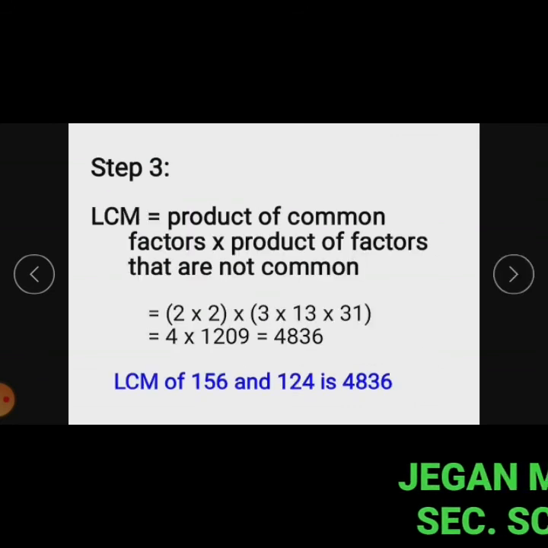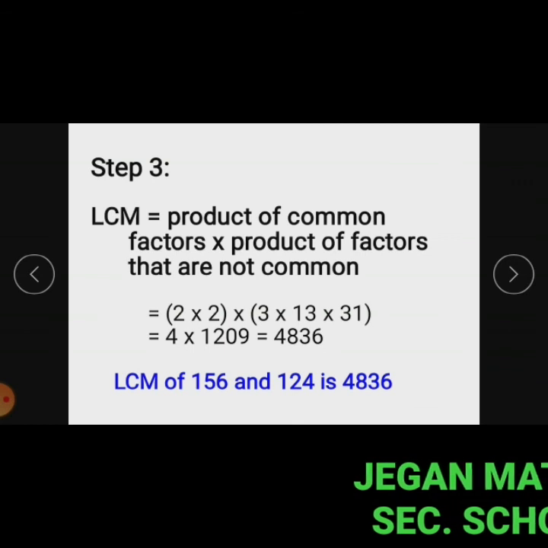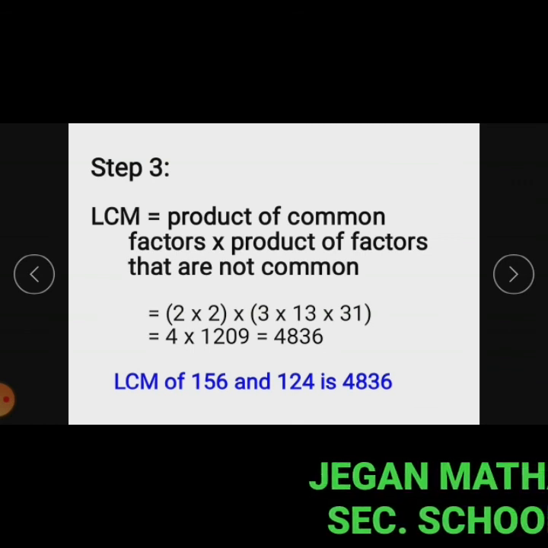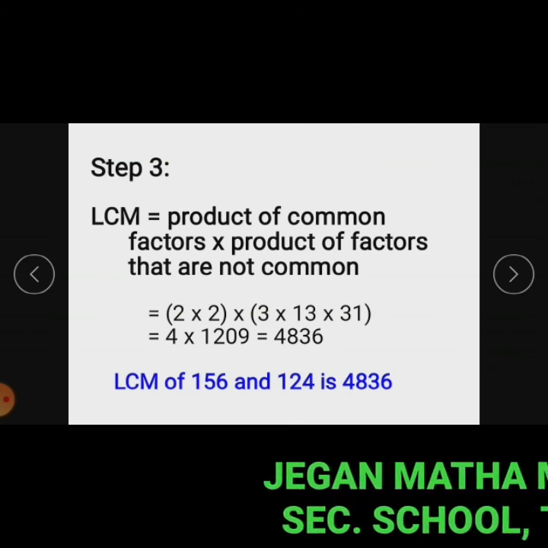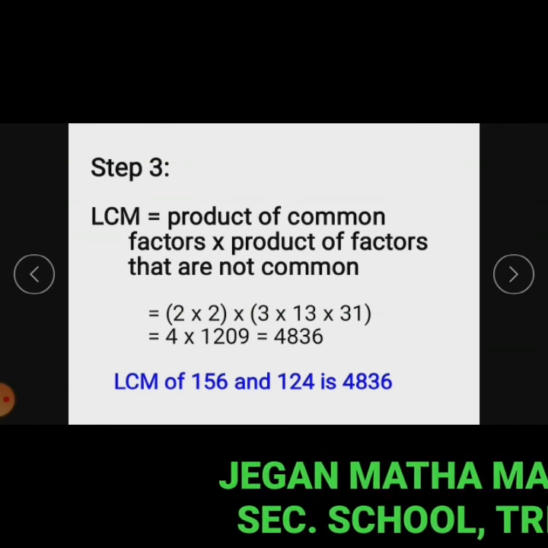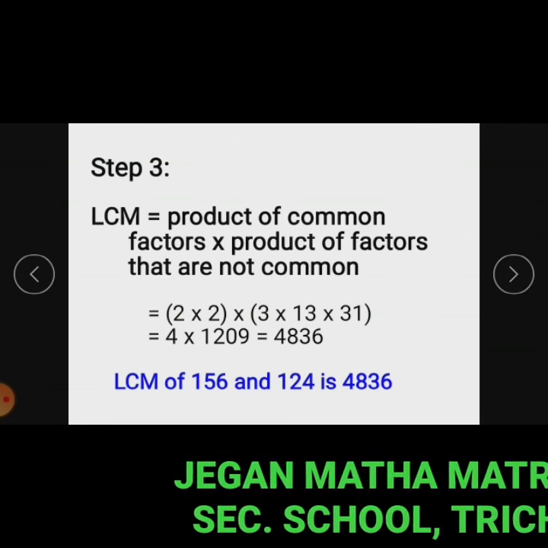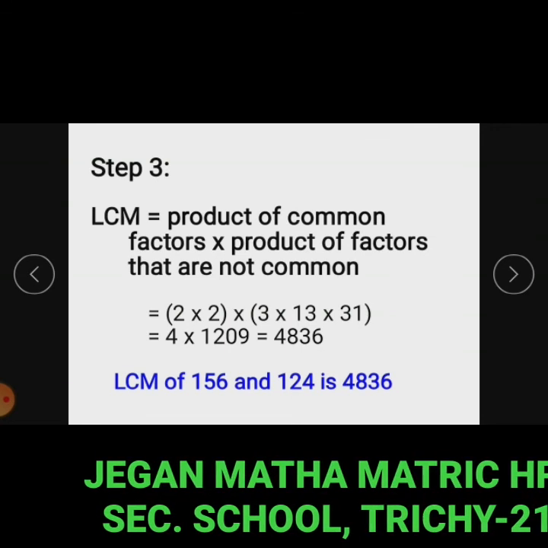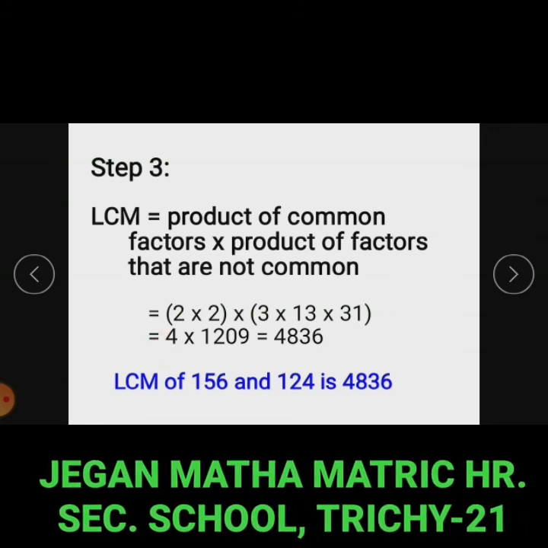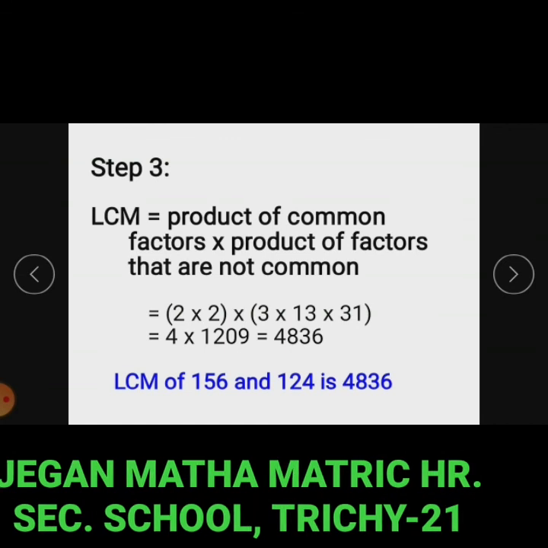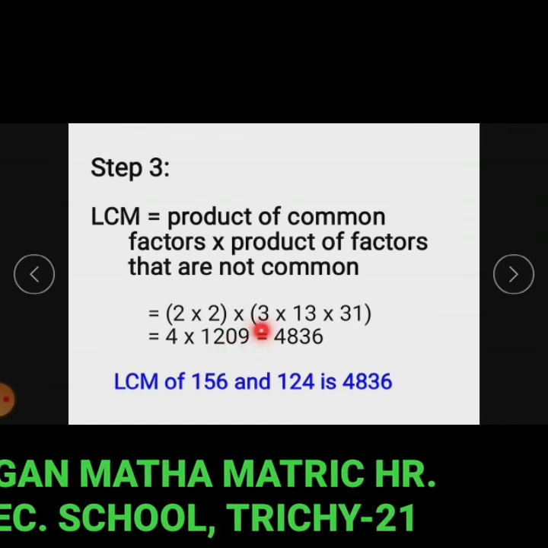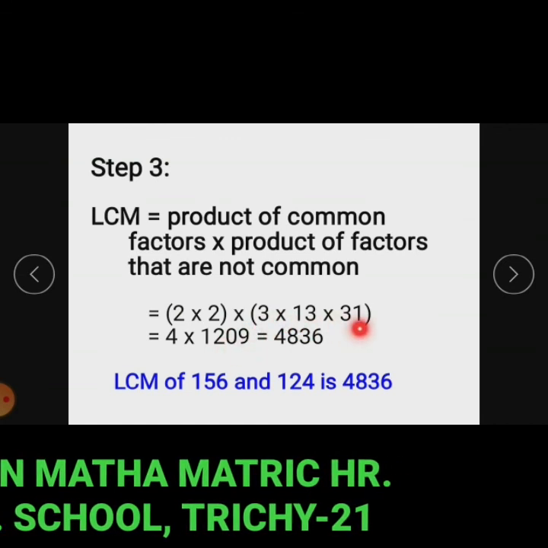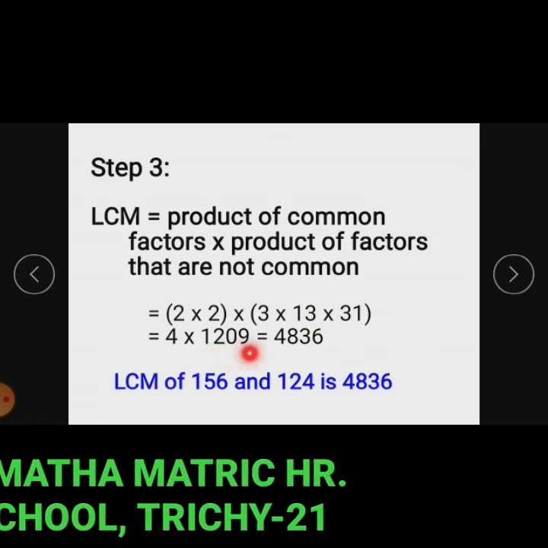Step 3. LCM equals the product of common factors into the product of factors that are not common. The product of common factors 2 into 2, we get 4. The product of factors that are not common, 3 into 13 into 31, we get 1209.